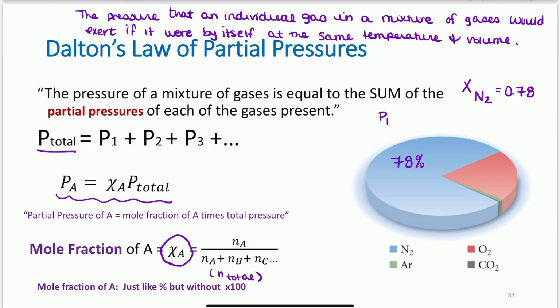If the total pressure of the system, or the total pressure of the air around me, was 1 atmosphere, the partial pressure due to just nitrogen would be equal to 0.78 times 1.00 atmosphere, which is equal to 0.78 atmosphere.